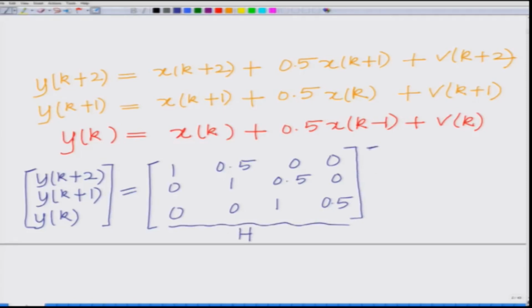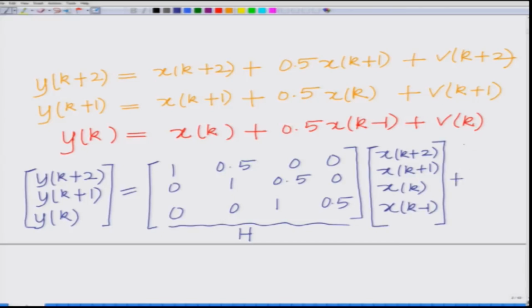This is the matrix H times xk plus 2, xk plus 1, xk, xk minus 1, plus we have the noise vector, that is Vk plus 2, Vk plus 1 and Vk.